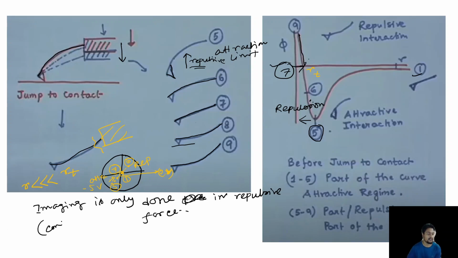Obviously it is in contact mode because it is already at the point of contact now. So normally imaging is done in contact mode and in the repulsive force regime, right? So this is the case.